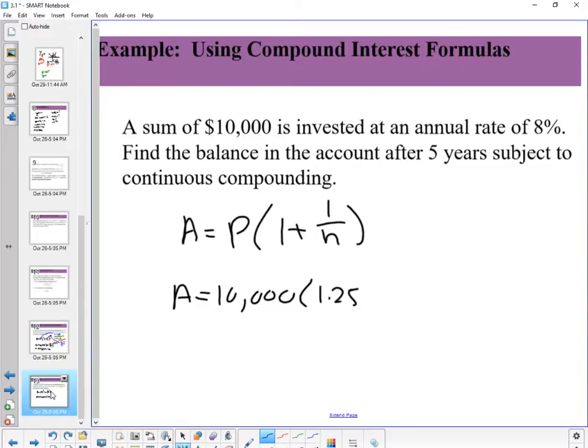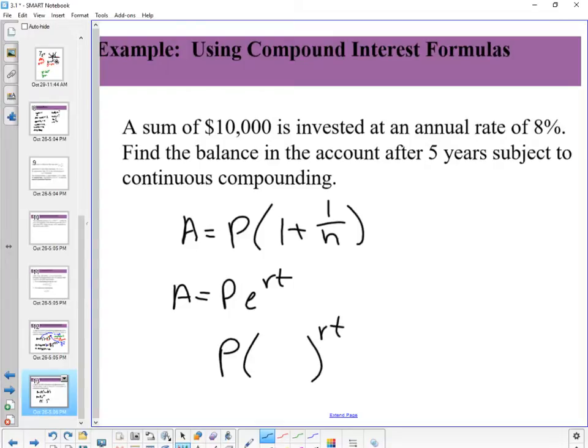Because of the 0.08 divided by 4, which is 0.02, so it'd be 1.02. I was trying to convert it to the other one. So this is P e to the rt, right? This is going to be 1 plus 1 over n to the nth, so I should have an n.